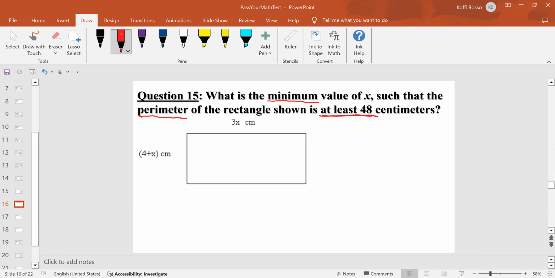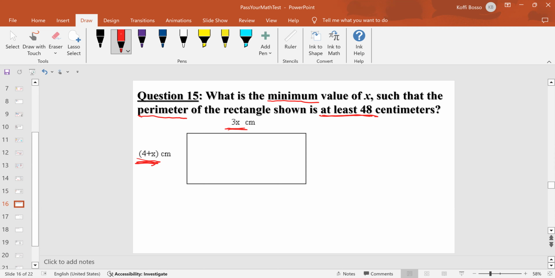In the question, you can see at least, at most, more than, less than. This is very important. Now, to find x, you see that here we have 4 plus x centimeters. Here we have 3x centimeters.